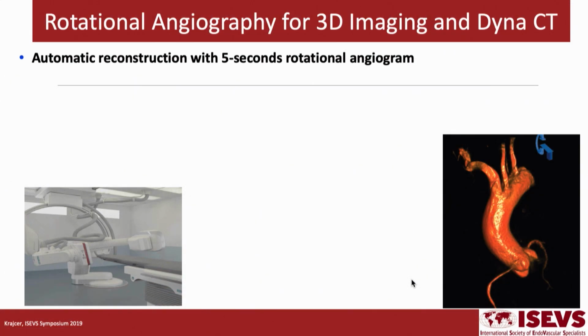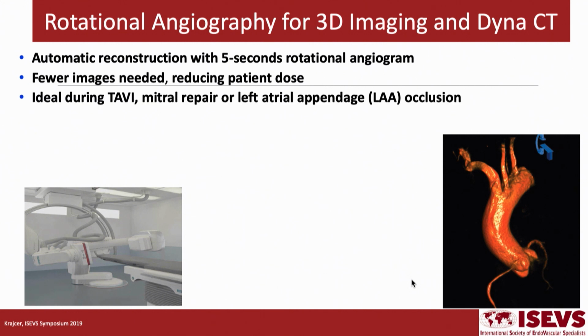The latest technology has offered us additional benefits such as rotational angiography for 3D imaging and Dyna-CT that give us an opportunity for automatic reconstruction in a very short period of time with rotational angiogram. When we use Dyna-CT, we use fewer images and reduce the patient and also the operator radiation dose.